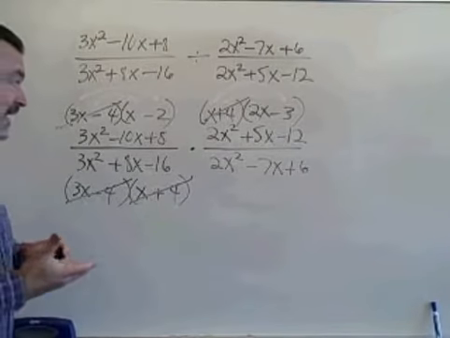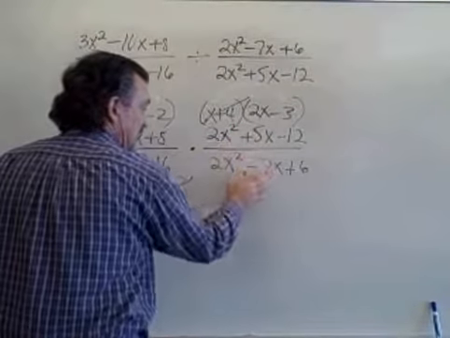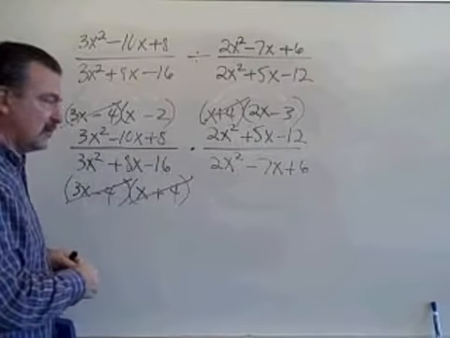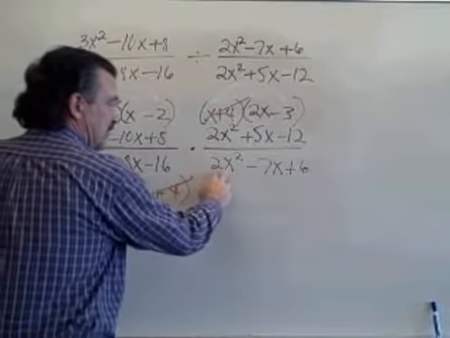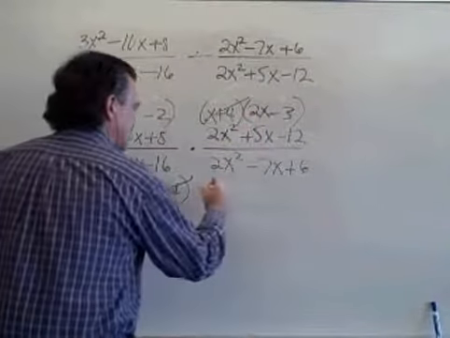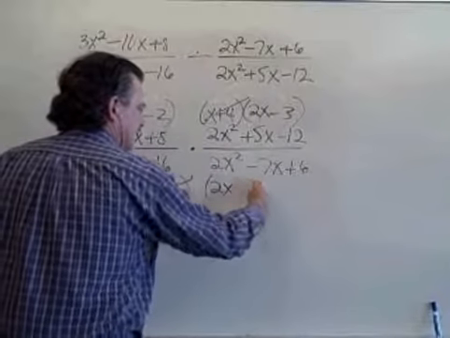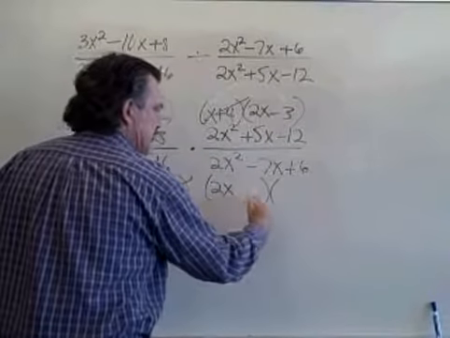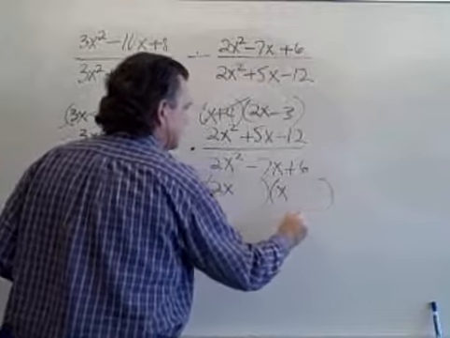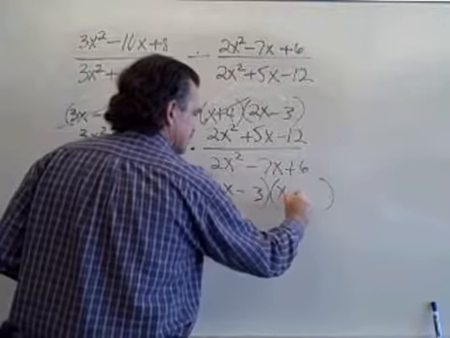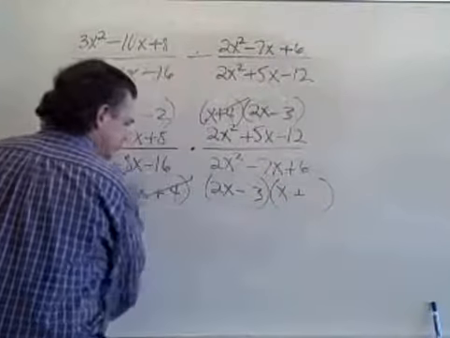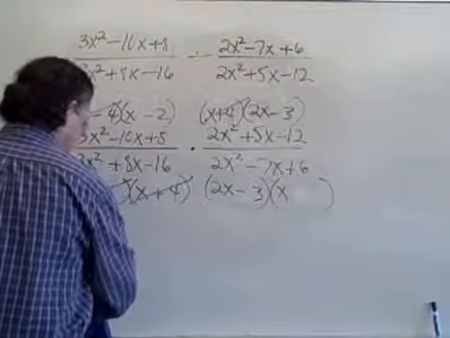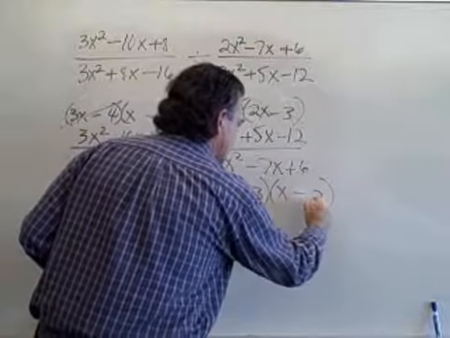And what I'd really like to have happen is I'd like 2x minus 3 to be a factor of this trinomial. And there's the possibility, isn't there? I've got 2x squared here, so I need a 2x times an x. Oops. If I'm going to have plus 6, I've got to have two subtractions.